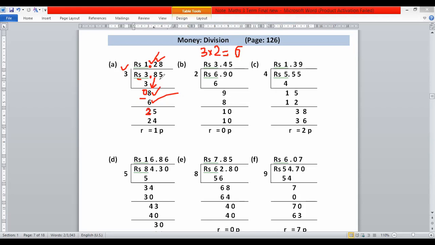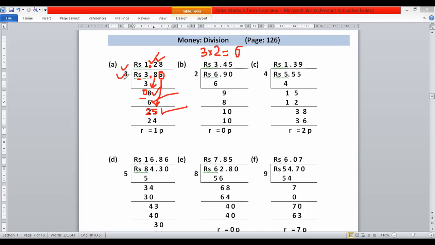After that, we shift the last digit. Last digit is 5. We shift the last digit down. So here we get 25. Students, now we divide 25 by 3.